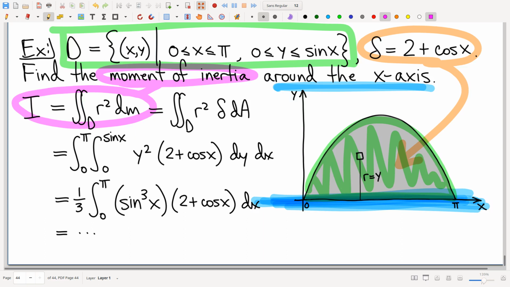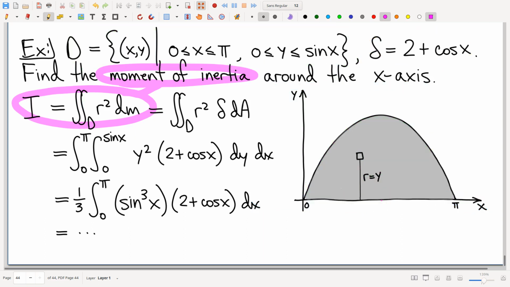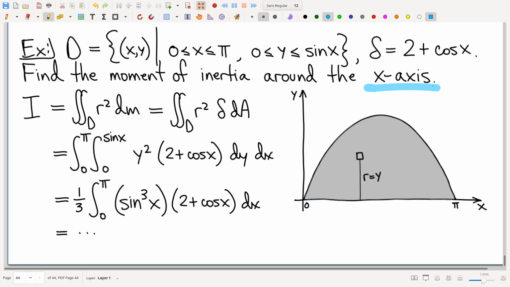And r, well, let's see here. We have our axis of rotation is the x-axis. A point, x comma y, from which we need to know the distance to the x-axis. This distance in green here, geometric appeal, you see the picture. What is the distance down to the x-axis?